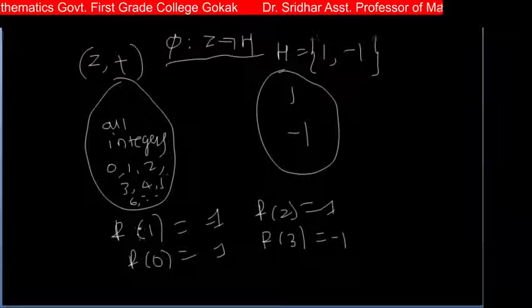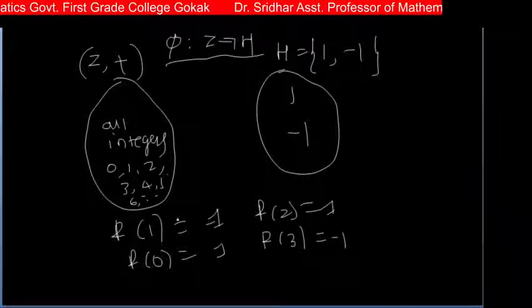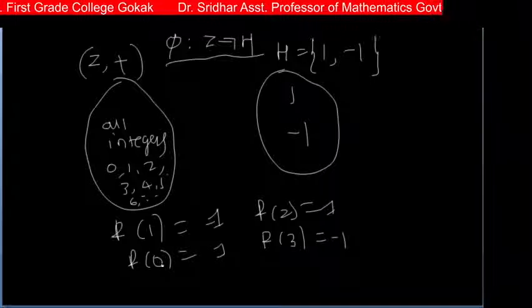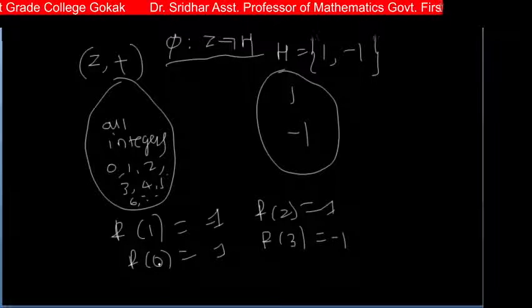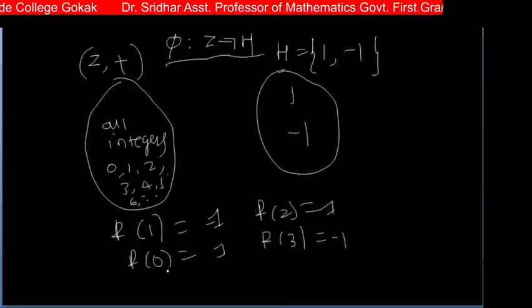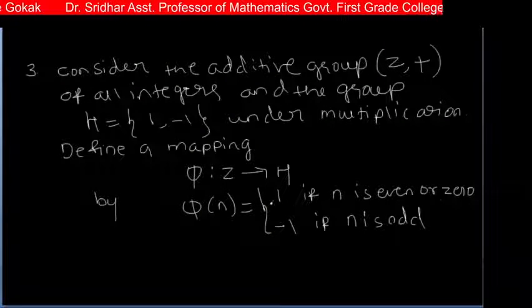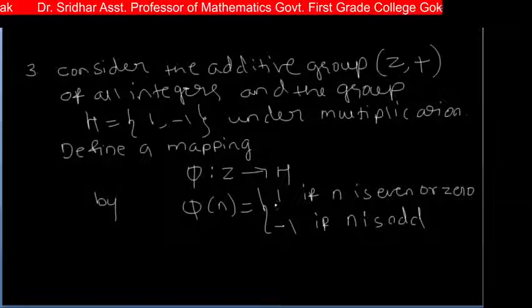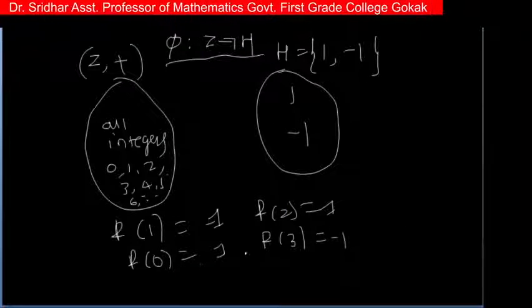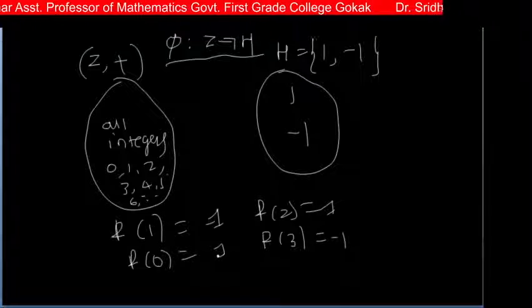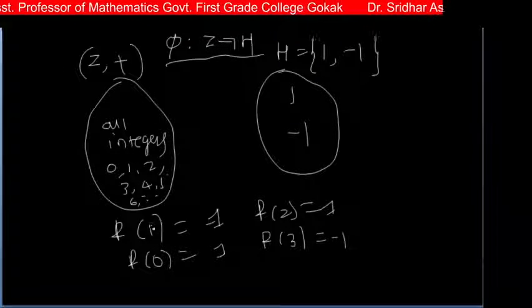Therefore, as a first example I take 0. By this rule, when n is 0 or even, we assign that element as 1. So phi of 0 is 1. Similarly, take the element 1.